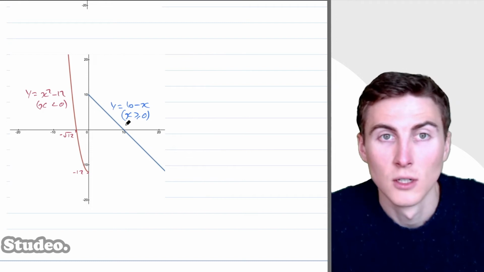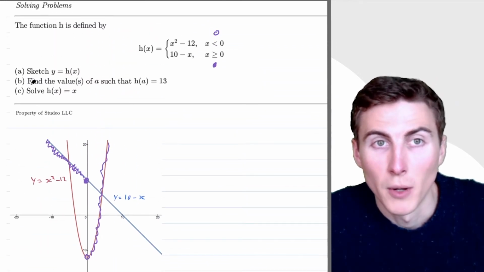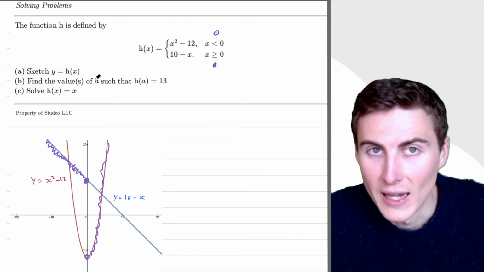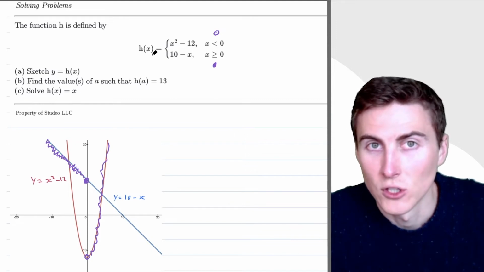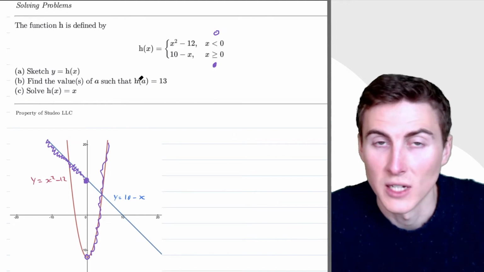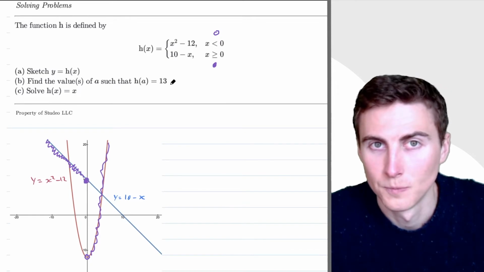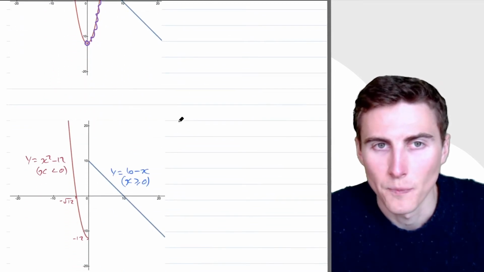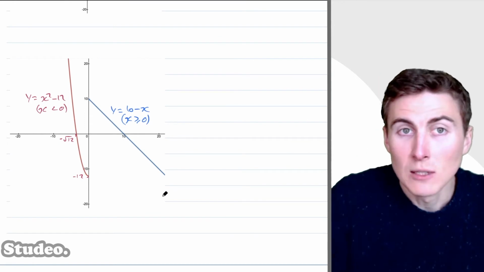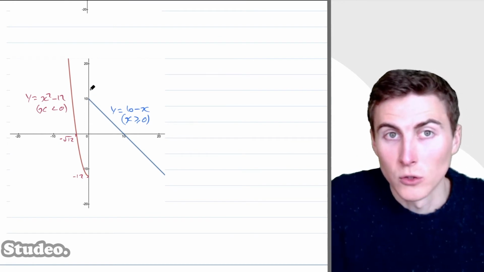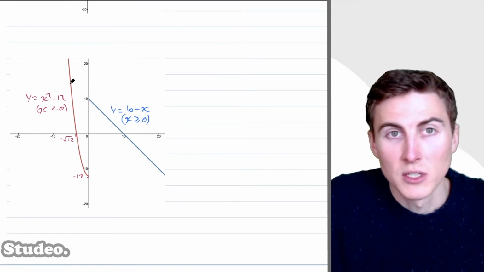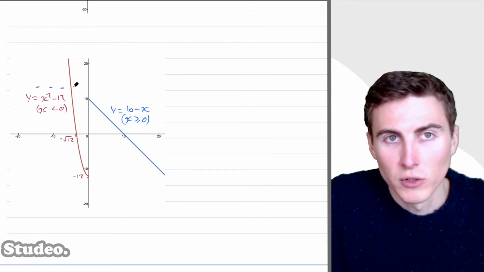Now if we scroll up, part B says find the values of a such that h of a is equal to 13. Going back down to our graph, basically we're going up to 13 on the y-axis and drawing a line across here at y equals 13.